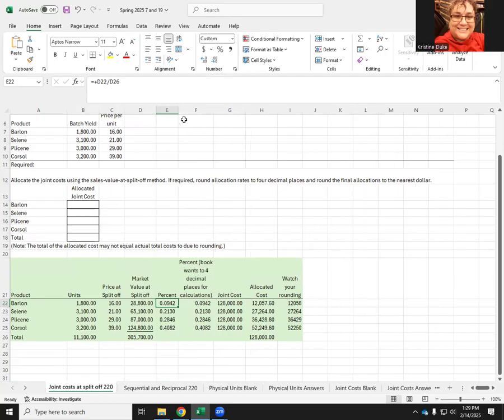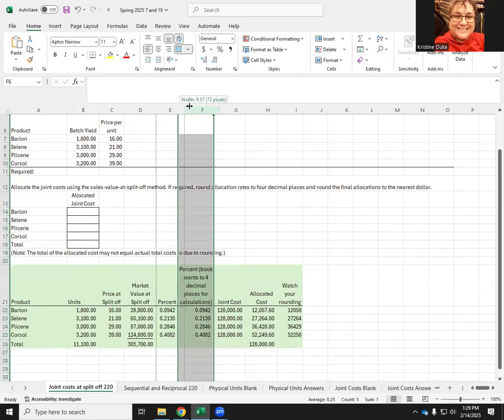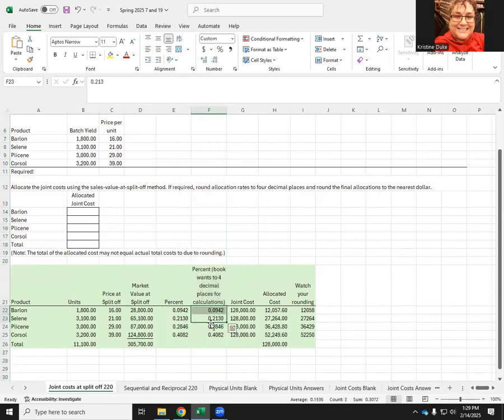I like it like that. For the calculations, because when I used all the decimal places, I did not get what the book wanted. So I had to go in here and make sure I capped it at the 4 decimal places, and then I did my calculations.